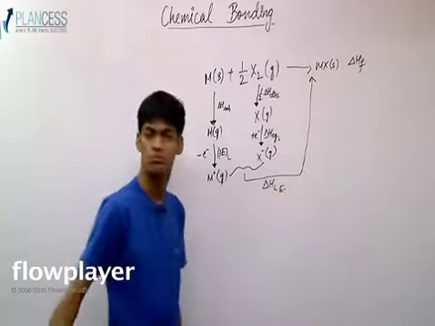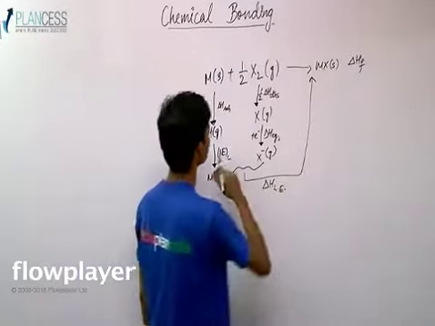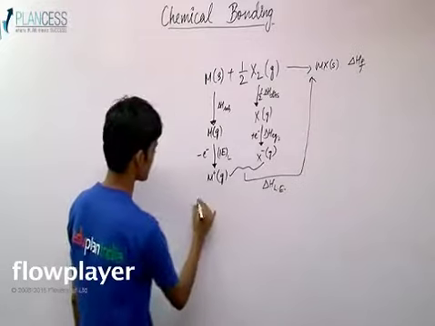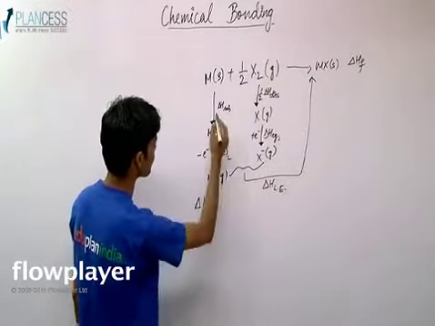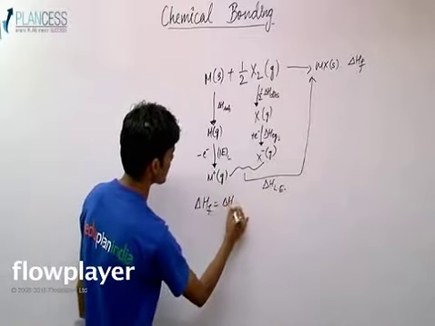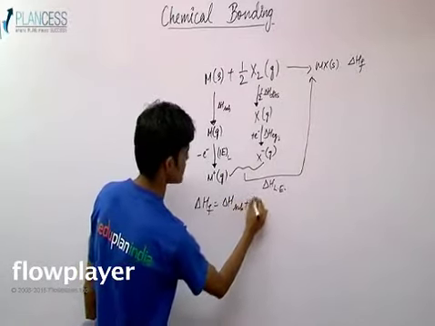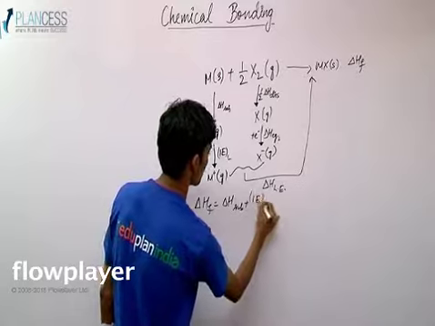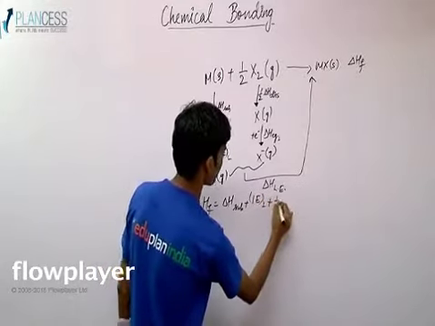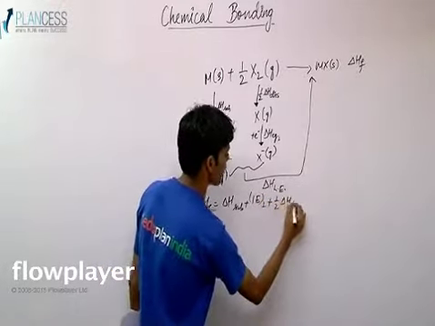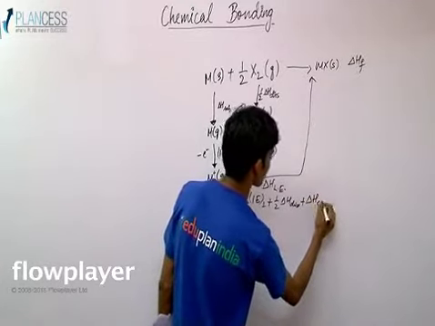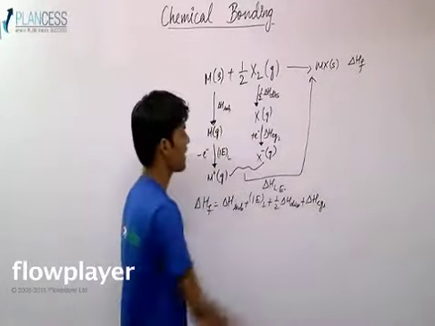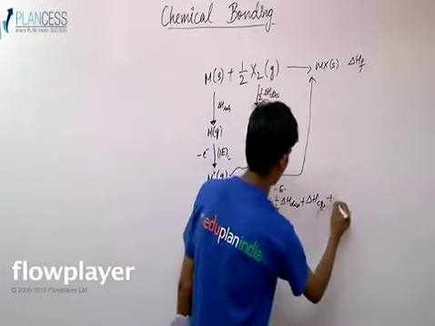So what does Hess's law say? It says that delta H f, the total enthalpy change, is equal to delta H sublimation plus the first ionization energy of M plus half of delta H dissociation of X plus the first electron gain enthalpy of X plus the lattice energy.